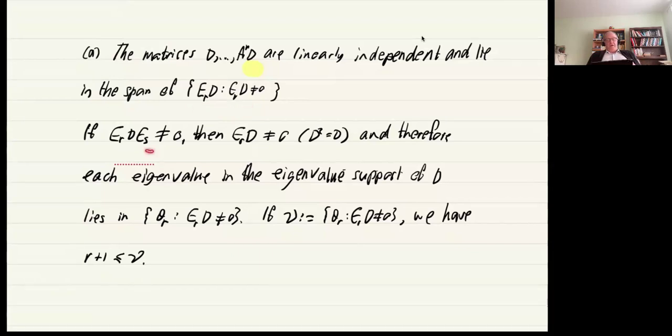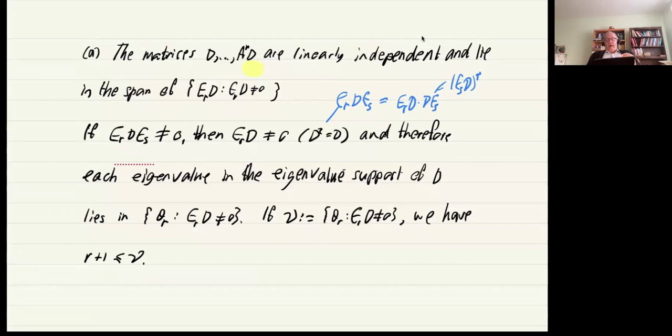Now, the point to notice: if E_r D E_s is equal to 0, then E_r D is not 0. And the key thing here is that E_r D E_s is equal to, yes, D transpose.